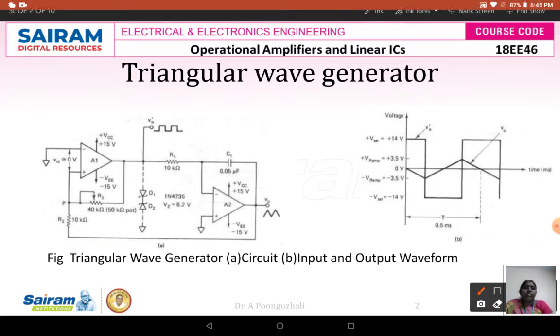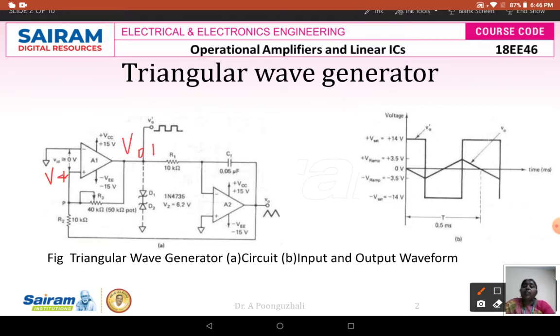Here, first we are going to assume that the voltage at the non-inverting terminal is Vp, or V plus. The output at this point we will take as V01.